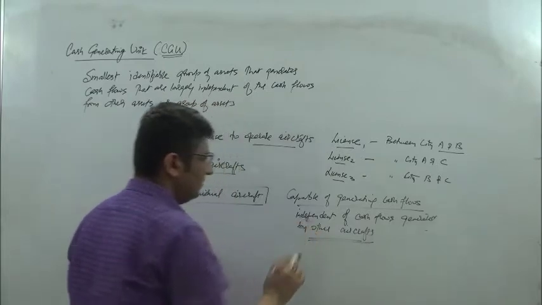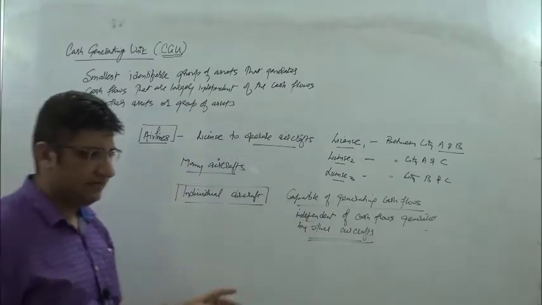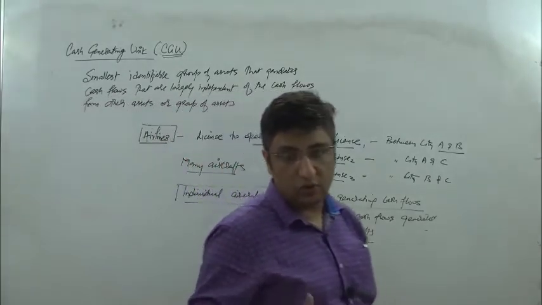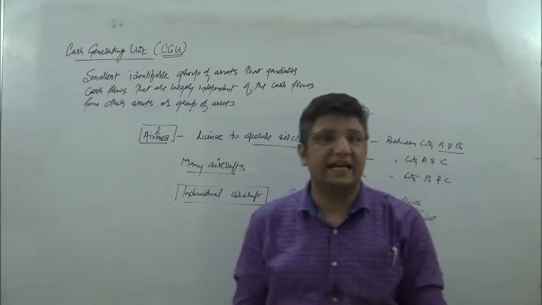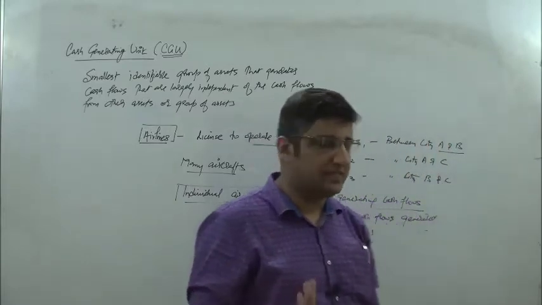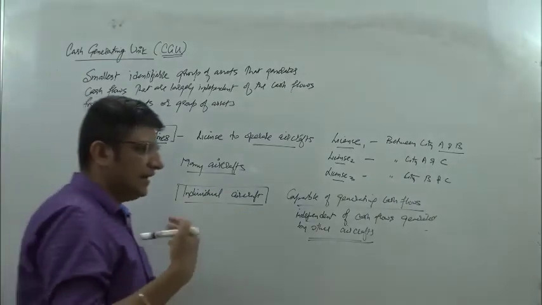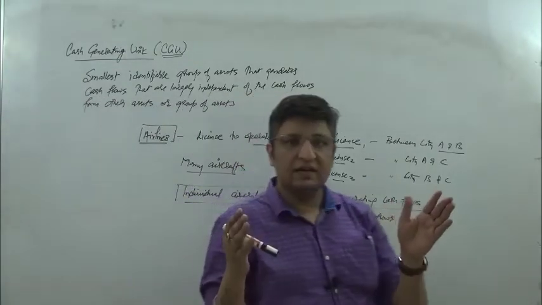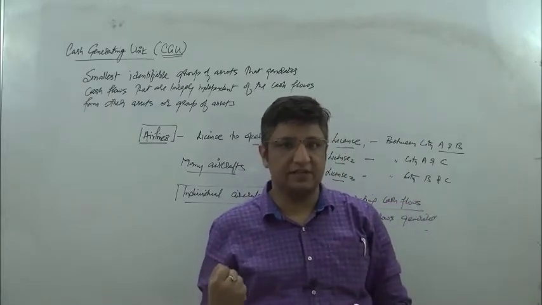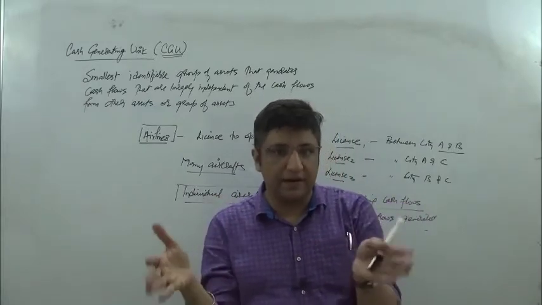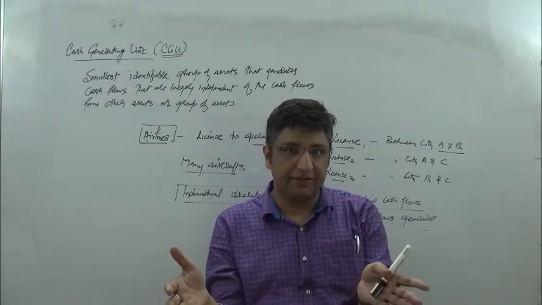So here we are saying that each aircraft has its own capability to create cash flows, right? You can obviously run one aircraft independent of other aircrafts, and accordingly we say that yes, one aircraft in itself is able to generate cash, so it becomes a cash generating unit. Are you fine with that?